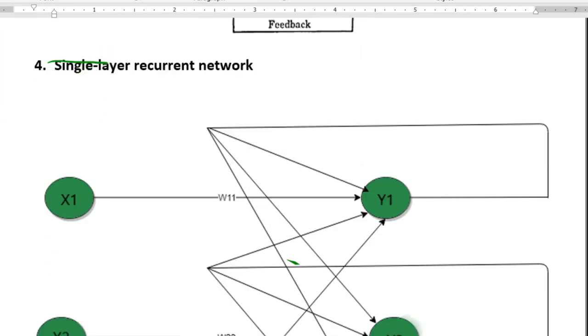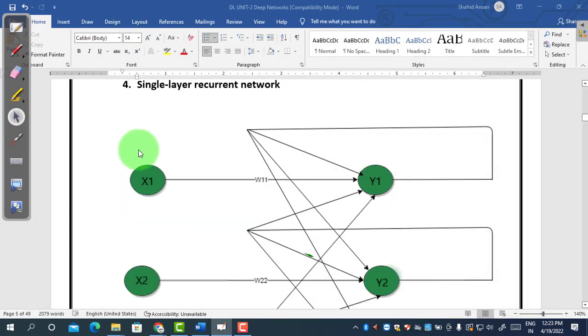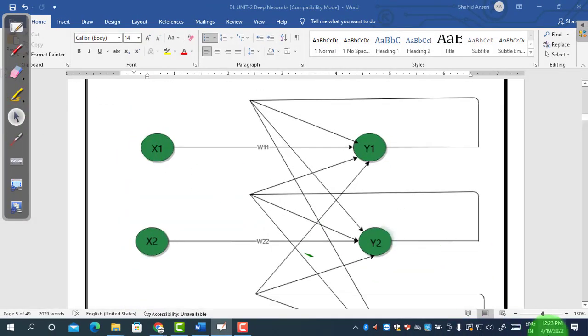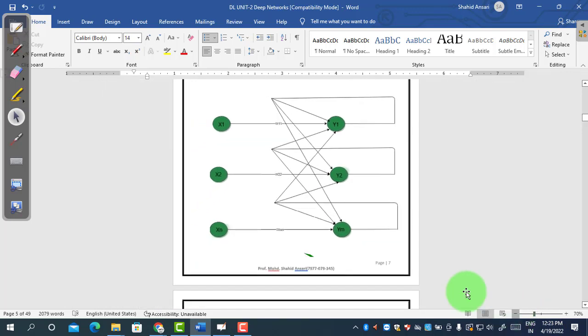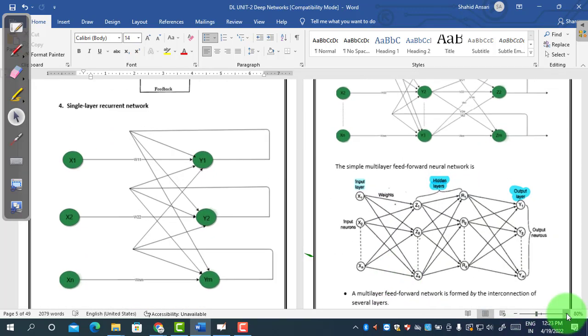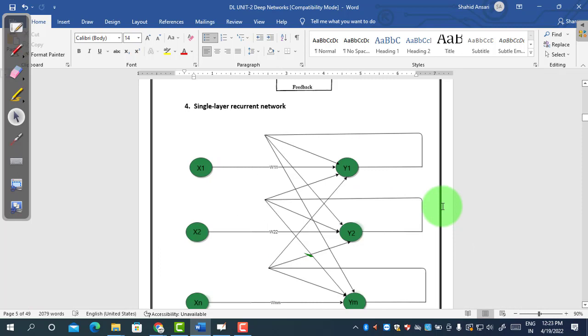Now next we have single layer recurrent network. In case of recurrent network, always remember, the output is given back to the node. In feed forward, the information flows in only one direction. यहाँ पे ऐसा रहेगा in case of feed forward, this input node, then output node, and then output. But in this case, what happened?